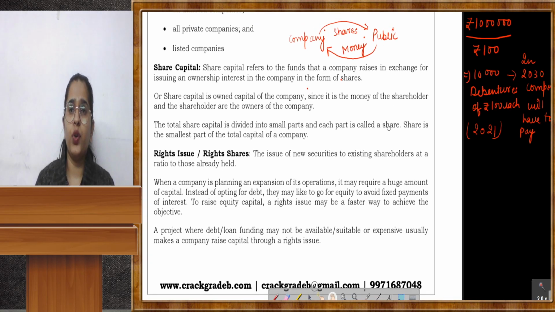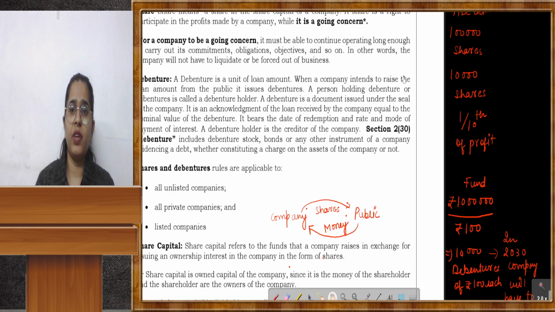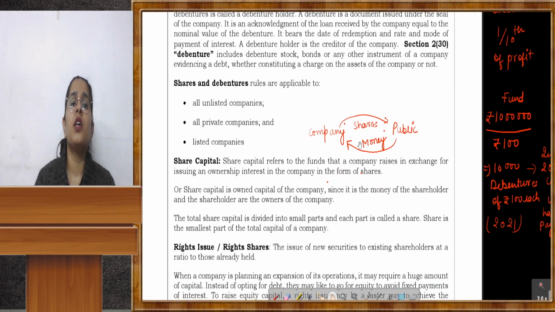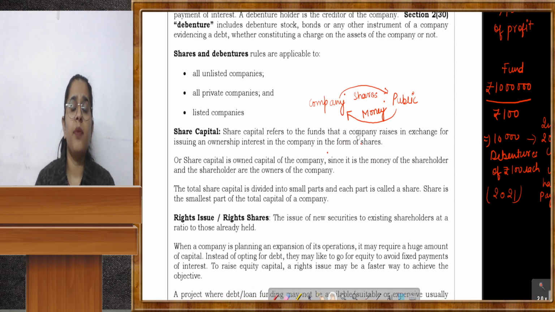Like I have told you earlier also, if in a company ABC Limited there are a total of 1 lakh shares and I have purchased 10,000 shares, then now I have become an owner of the 1/10th share. So by raising share capital, the company issues an ownership interest.